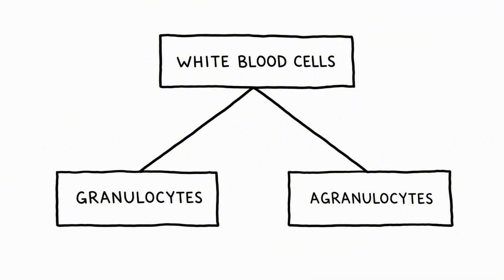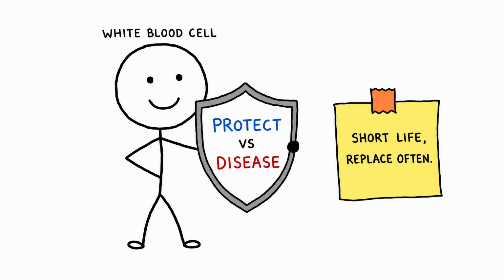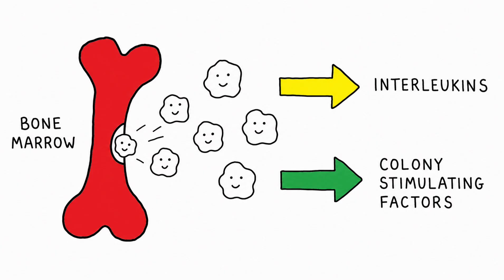These are the 3 white blood cells that are granulocytes: the neutrophils, eosinophils, and basophils. The lymphocytes and monocytes are agranulocytes. All of these white blood cells protect against diseases. Leukocytes have a limited lifespan, so they must constantly be replaced. White blood cells are produced in the red bone marrow under the control of hormones such as interleukins and colony stimulating factors.